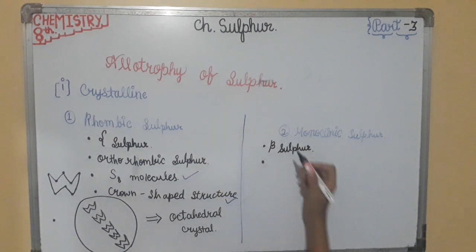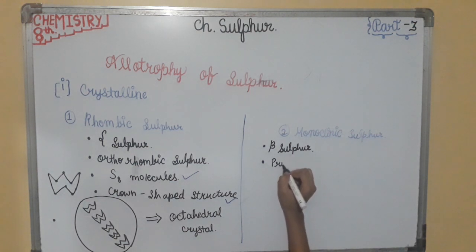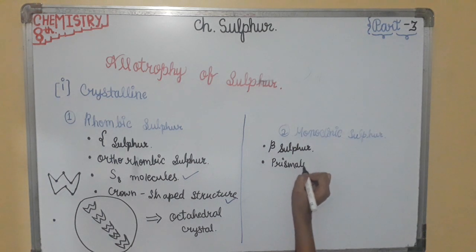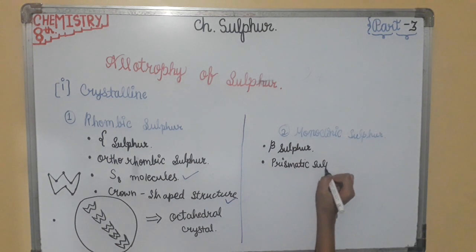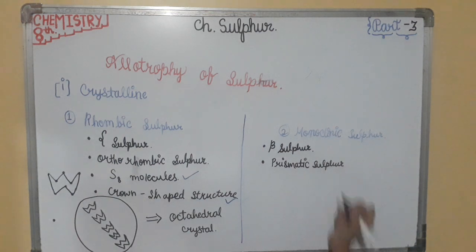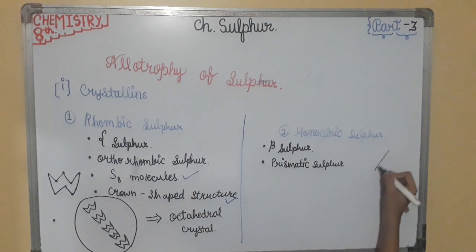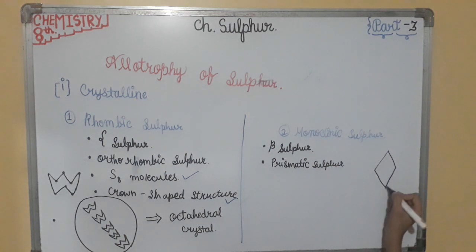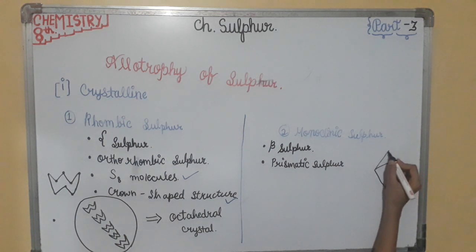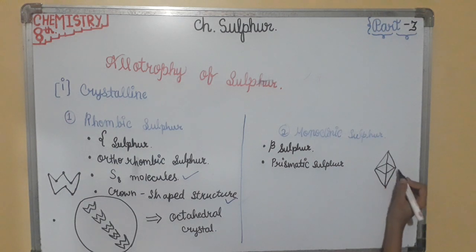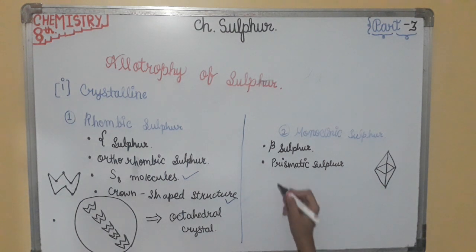It is also known as prismatic sulfur, and its shape is like this. The arrangement of S8 molecules is like this.